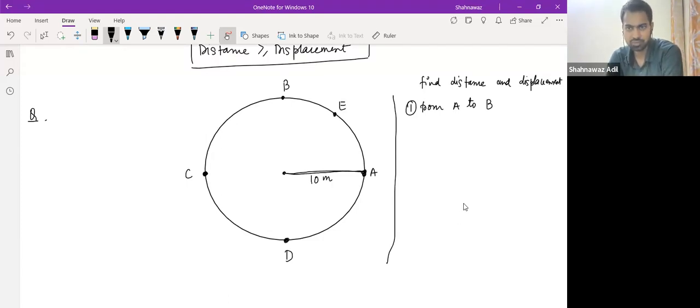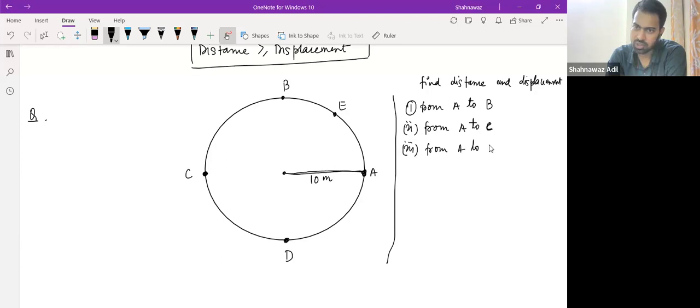And in the second question, we need to find from A to C. In the third question, we need to find from A to D. And in the last part, from A to E. Is this clear to you?